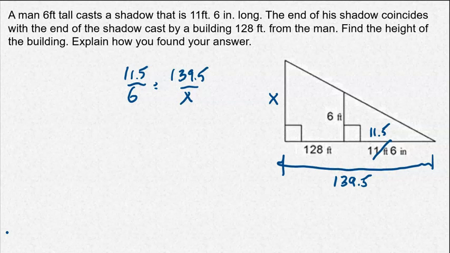And I'm going to use my calculator to multiply 6 times 139.5 to get 837, which is nice. That kind of cleared itself up, but I still have the 11.5 times x. Then 11.5, I'm going to have to divide that out.